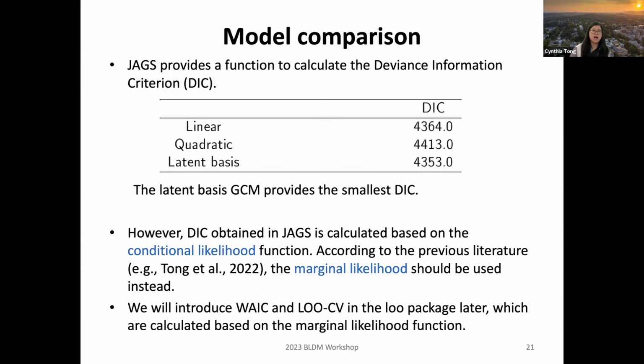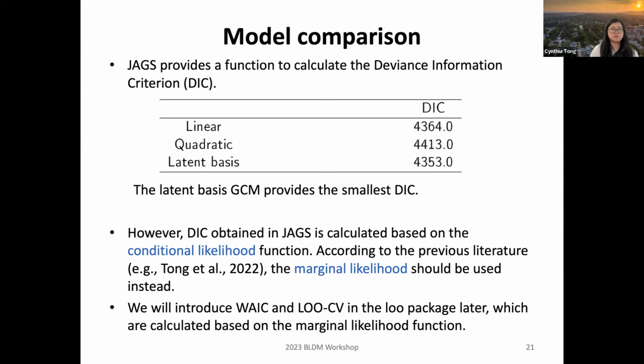Okay, so after we fit models to the data, in Bayesian, we can do a model comparison using DIC, the deviance information criterion. It's like AIC or BIC, the Bayesian version. So the smaller the value of DIC is, the better the model fit is.